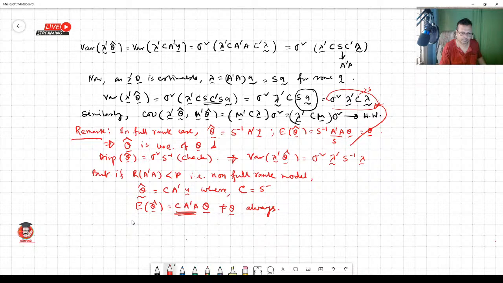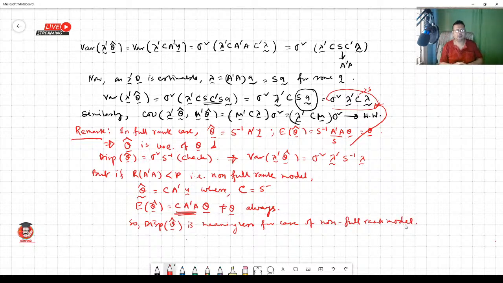So dispersion of theta curl hat is meaningless for the case of non-full rank model. Dispersion of theta curl hat is only meaningful when it is a full rank model, otherwise it is meaningless. And we also observe that for non-full rank model, theta curl hat is not an unbiased estimator of theta curl.